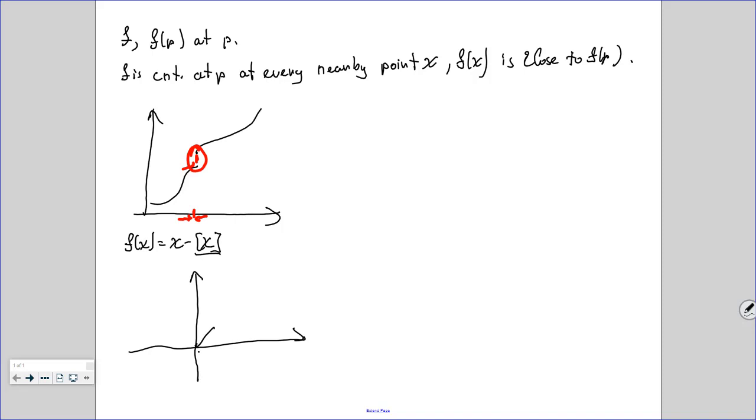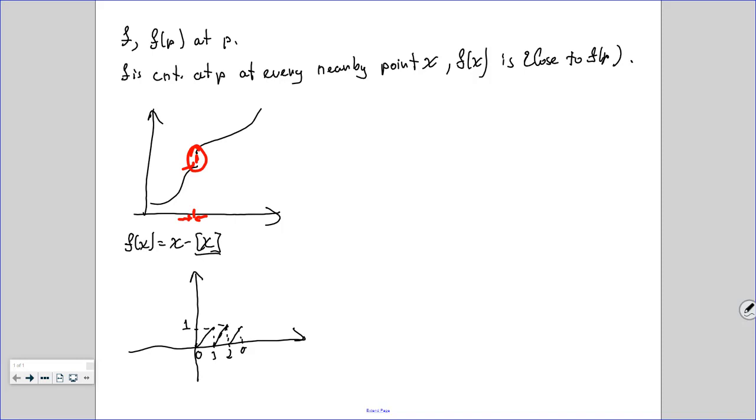It goes from 0 to 1 and suddenly jumps to 0 again, goes to 1 and jumps to 0 again. That is, for each integer we have a jump discontinuity.